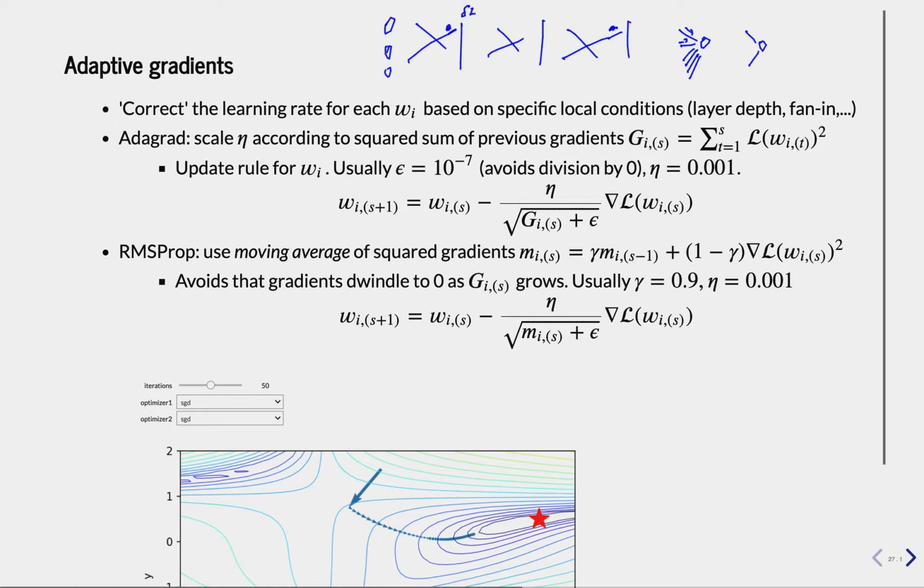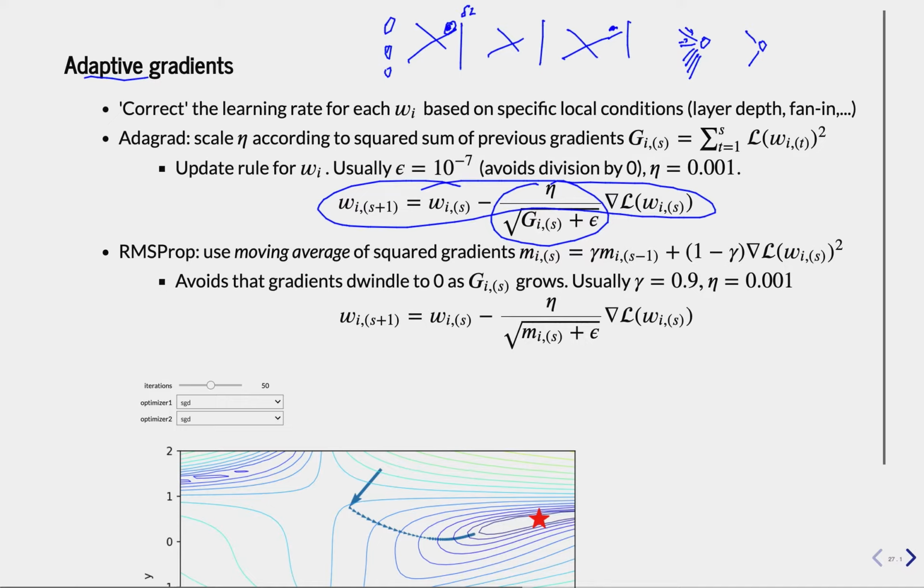So the idea behind adaptive gradient is to do gradient descent as usual. So this is exactly the same formula as we used for normal SGD, but we add a correction to the learning rate, depending on what the gradients look like for this weight. And we can do that by looking at the previous gradients that we observed, right?